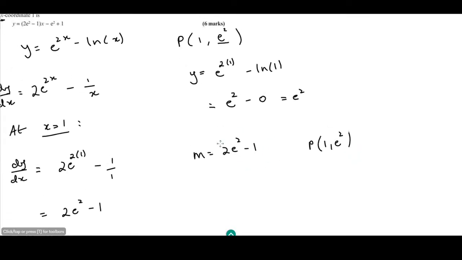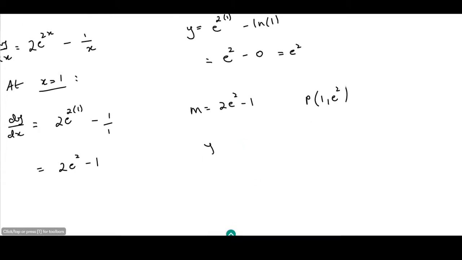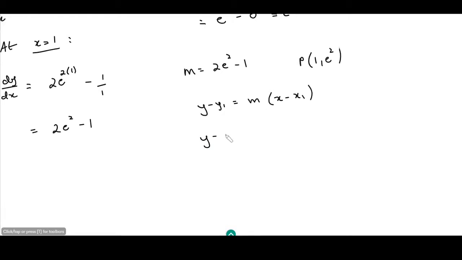So now we have everything we need to find the equation of the tangent. If they asked you to find the equation of the normal, you'd have to take the negative reciprocal of this gradient. Okay, so now again we have y minus y1 equals m times x minus x1, and y1 is simply e squared. M is the gradient which we found here, 2e squared minus 1, x minus 1.